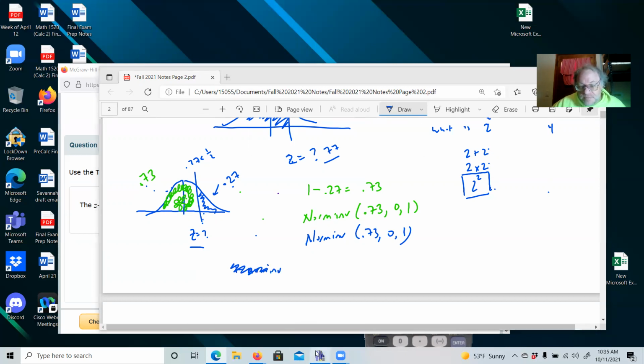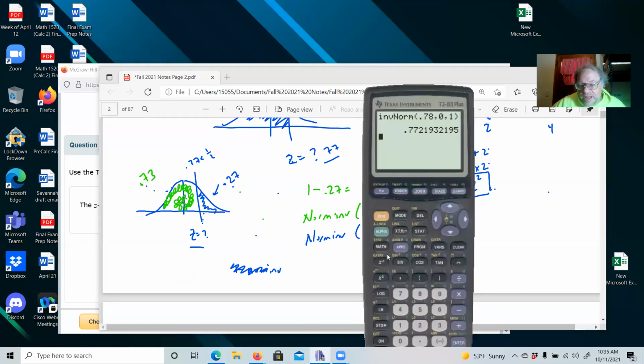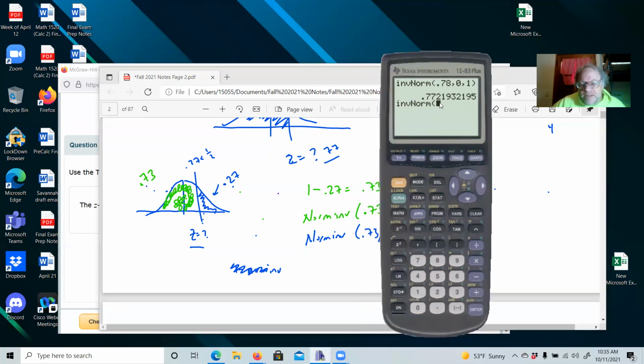So we are going to type in, okay, second function distribution, inverse norm. We wanted 0.73. The mean 0, standard deviation 1. All right, and here we got 0.6128.